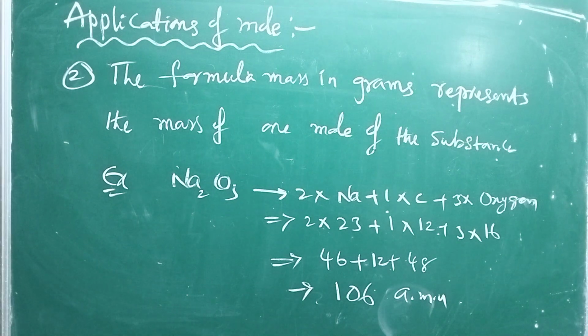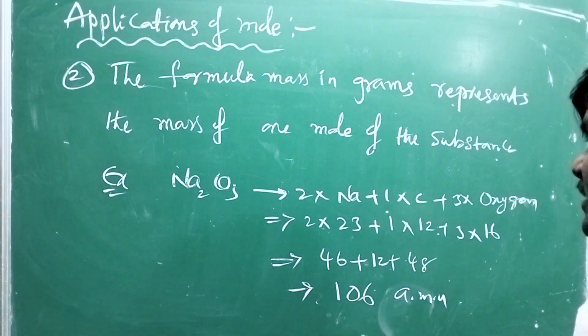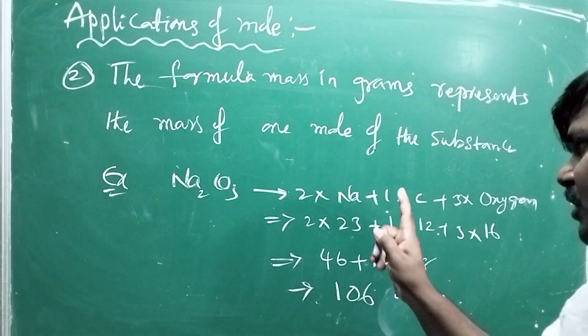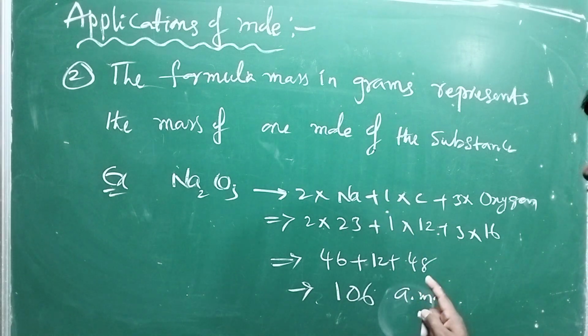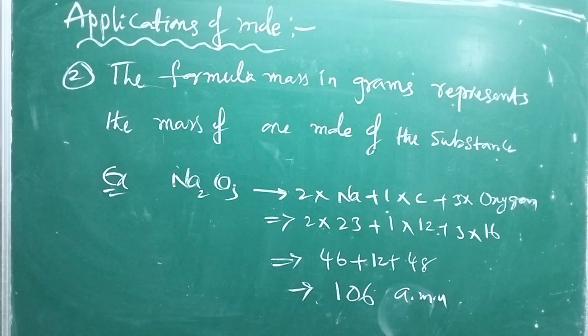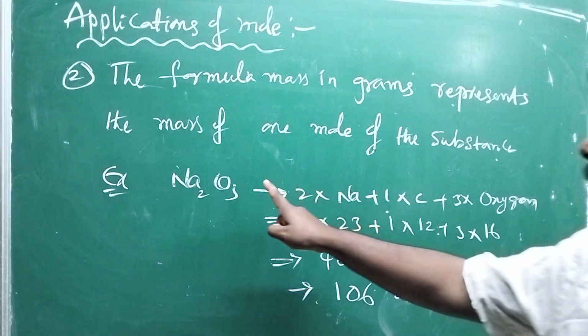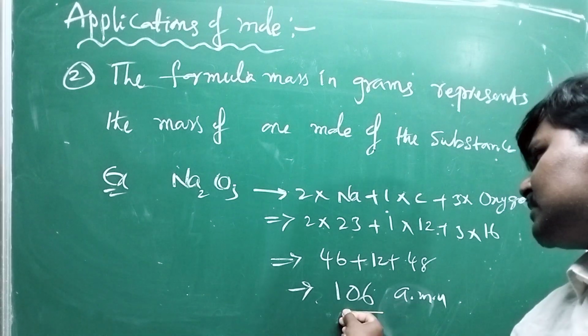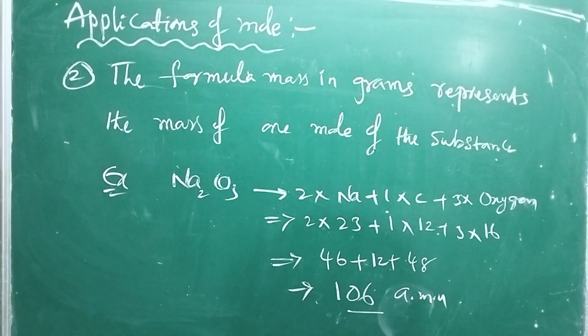The formula unit mass of sodium carbonate is 106, and the gram formula mass of sodium carbonate is 106 grams. This is the mass of 1 mole of the substance, so this mass represents 1 mole of sodium carbonate.